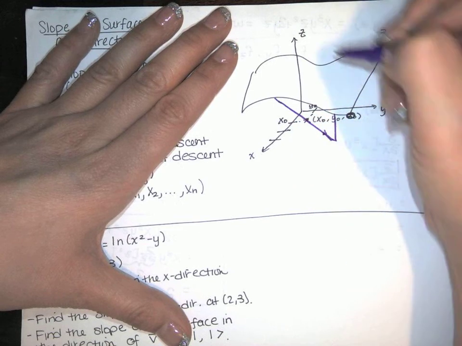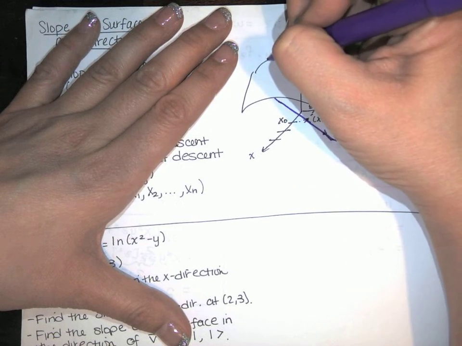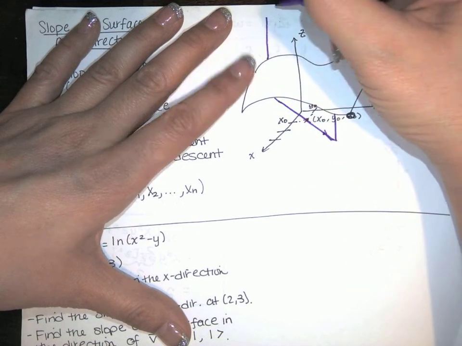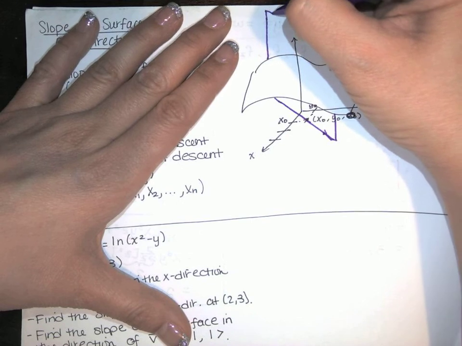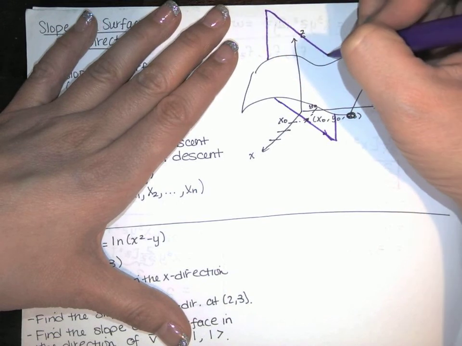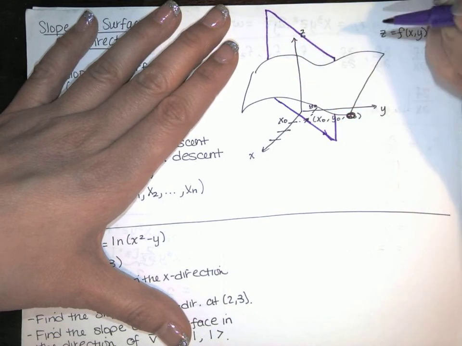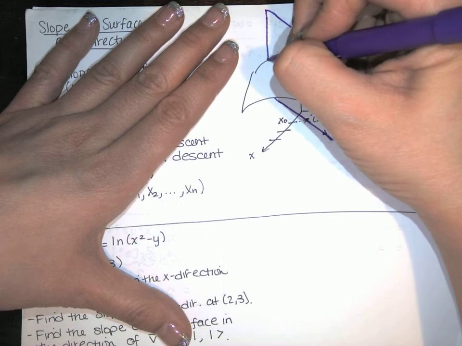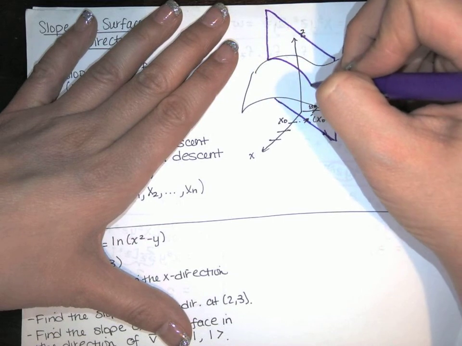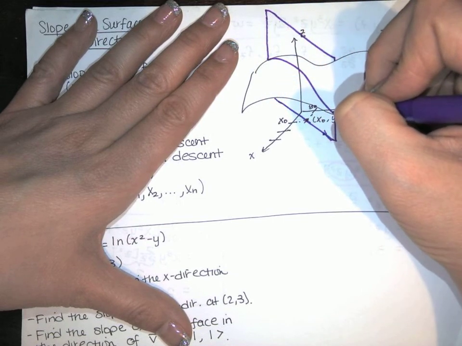And that plane is going to intersect our surface on a curve. So maybe our plane looks like this. I'm trying really hard to make it parallel, but it's hard to draw. We do the best we can. Okay, maybe this is what it looks like, roughly.